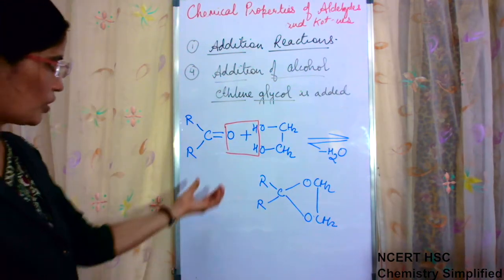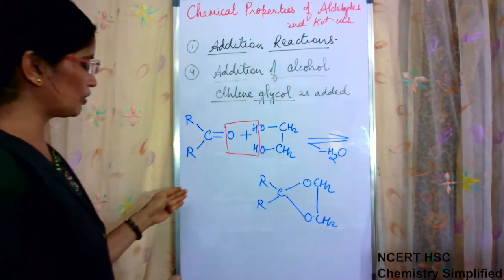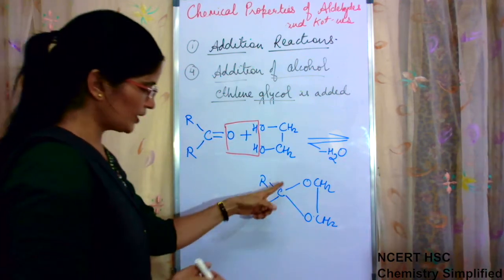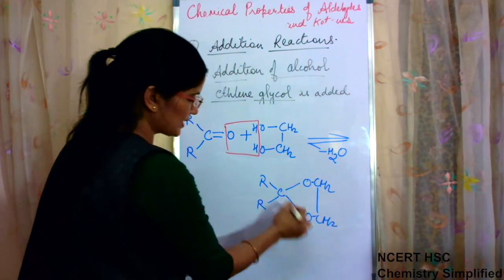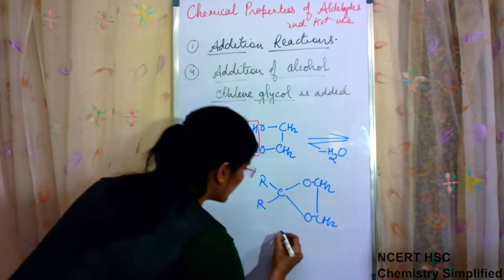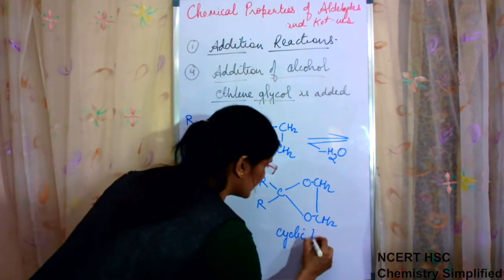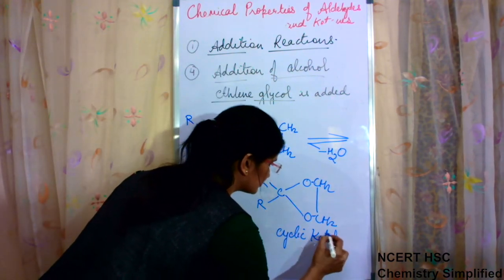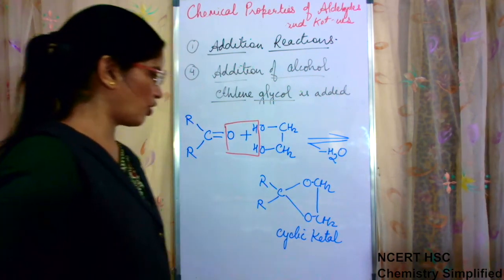So after loss of a water molecule, the remaining molecule gets bonded to the remaining part of the aldehyde or ketone. Now this structure is a cyclic structure, you see. A complete cycle is formed. Because it was a ketone, it is a cyclic ketal. Cyclic ketals are formed.